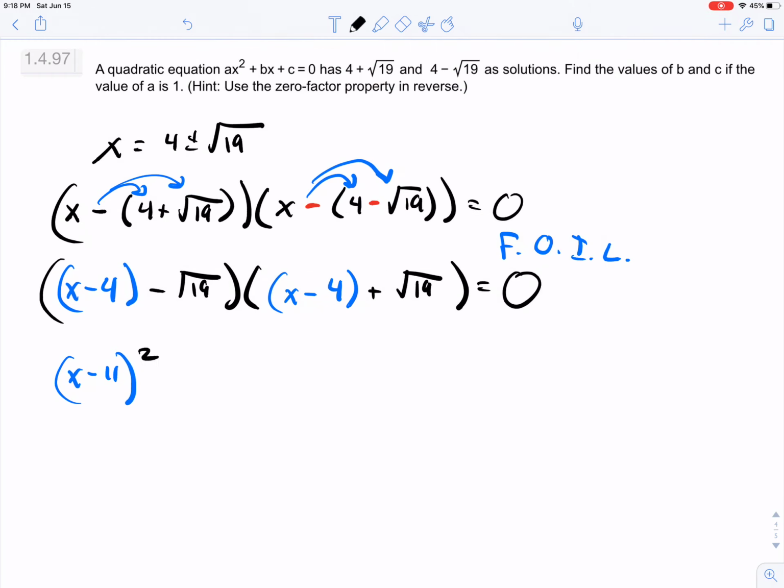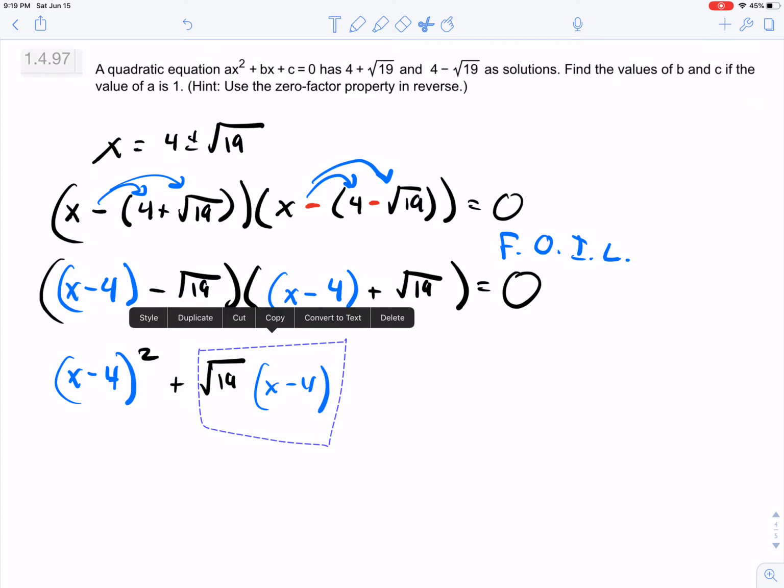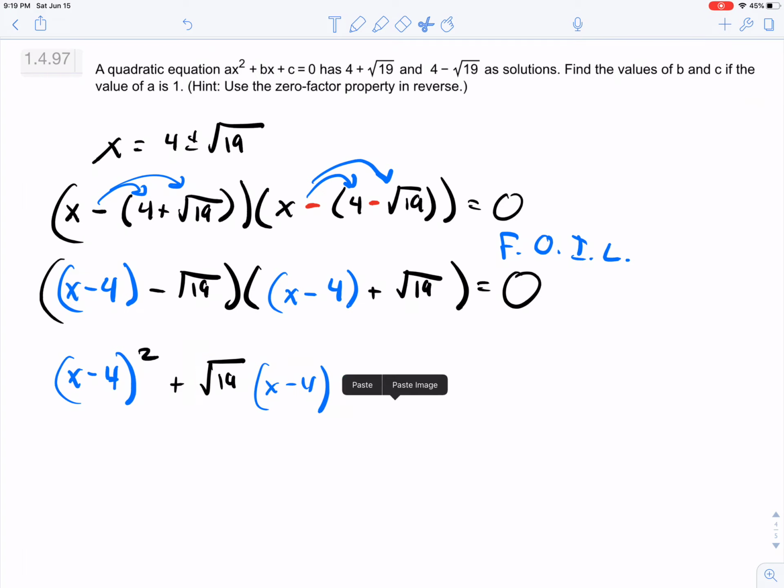And then the outer is going to be plus root 19 times this x minus 4. And then the inner is going to be the same thing except a minus. And then the last is going to be the negative root 19 quantity squared equals 0.